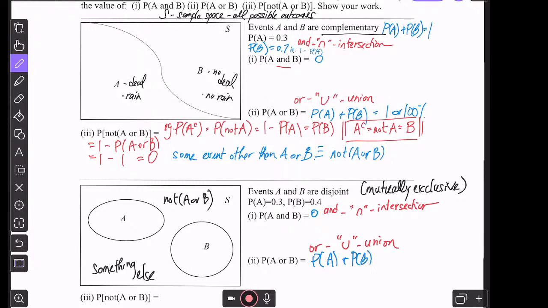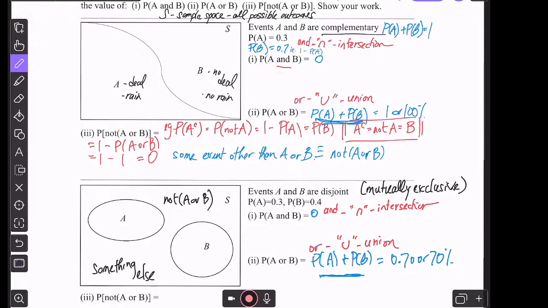But again, this is only in a specific case. We're only able to do this because these events are disjoint. Okay, so this property of adding, we did it here, but we also did it here. Well, in both cases, they never overlapped. There was no place that A and B occurred together, so we're able to just add them.